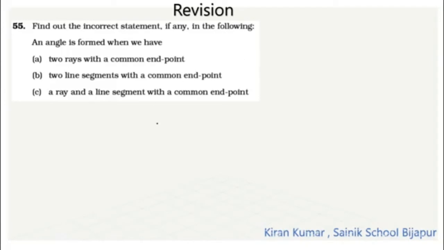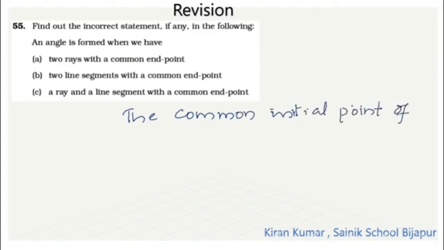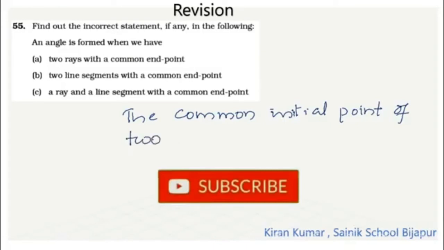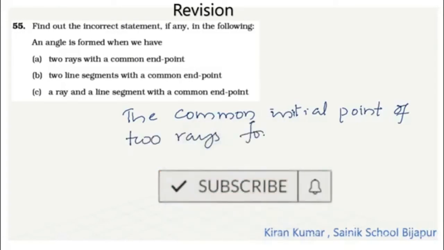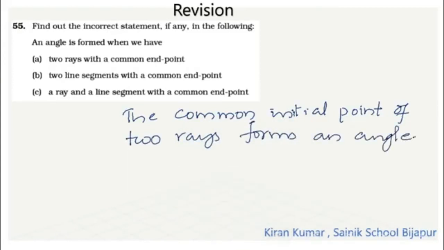The reason is the common initial point of two rays forms an angle. It should not be a common endpoint, it has to be a common initial point.